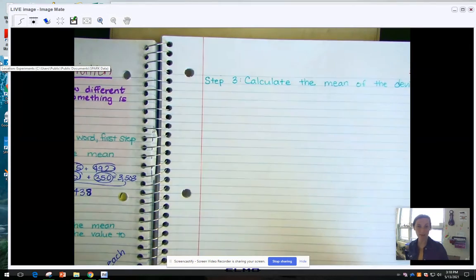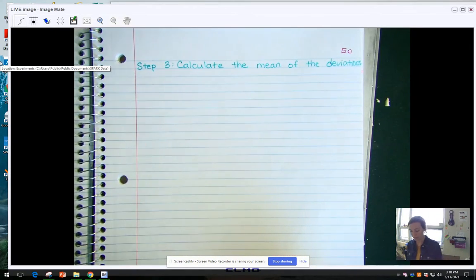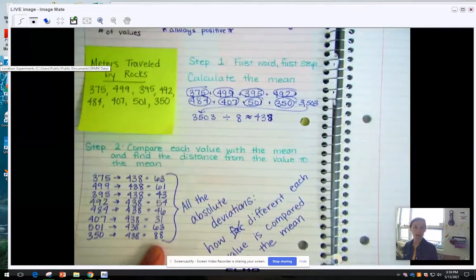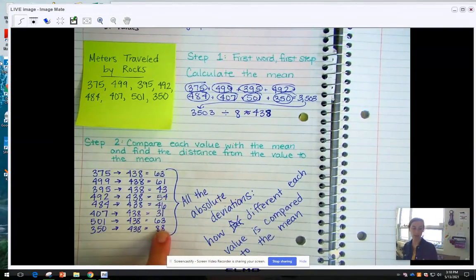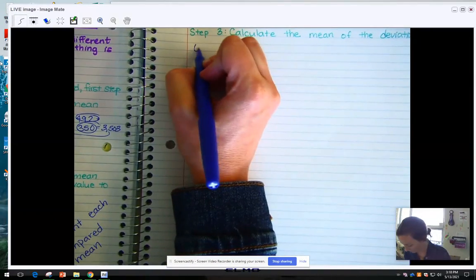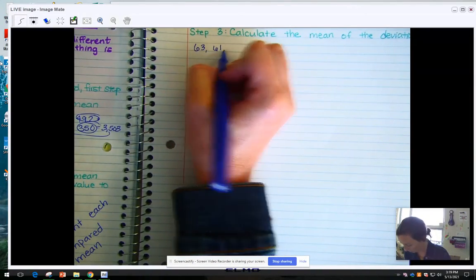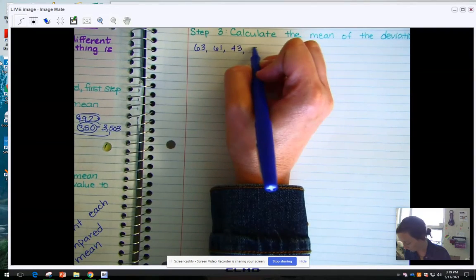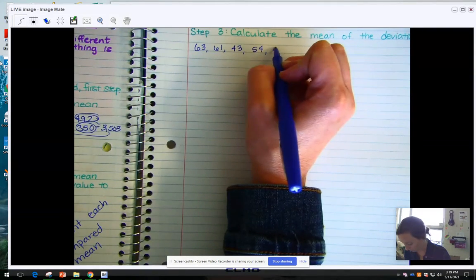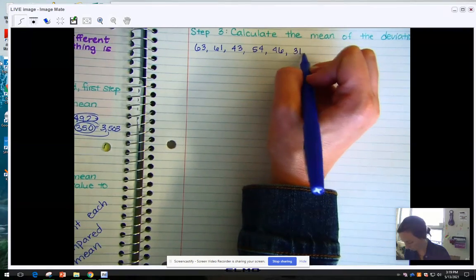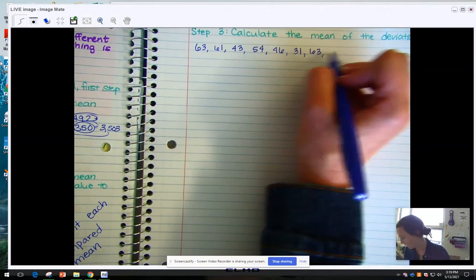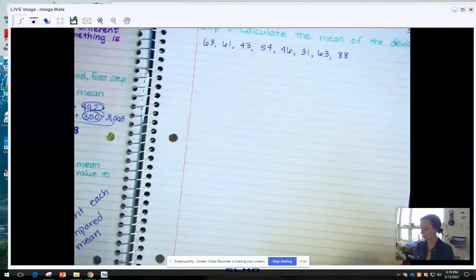So it's kind of like finding the mean of a new data set, and the new data set is all the numbers of how each data point was different than the mean. So I'll read these off to you. I have 63, 61, 43, 54, 46, 31, 63, and 88.